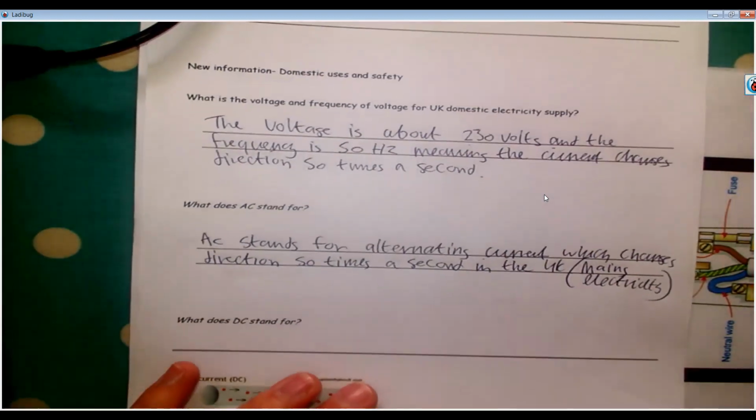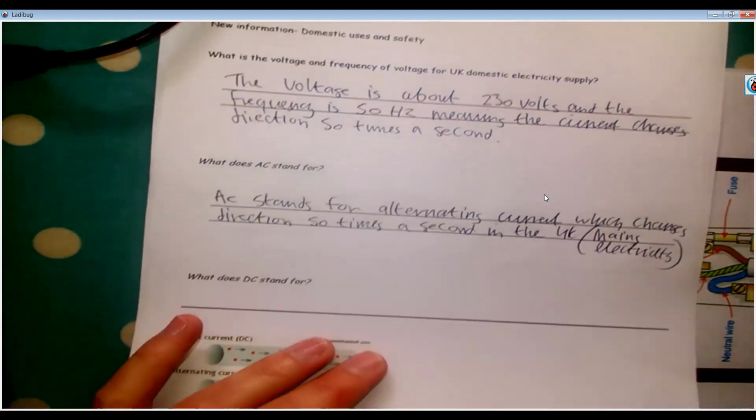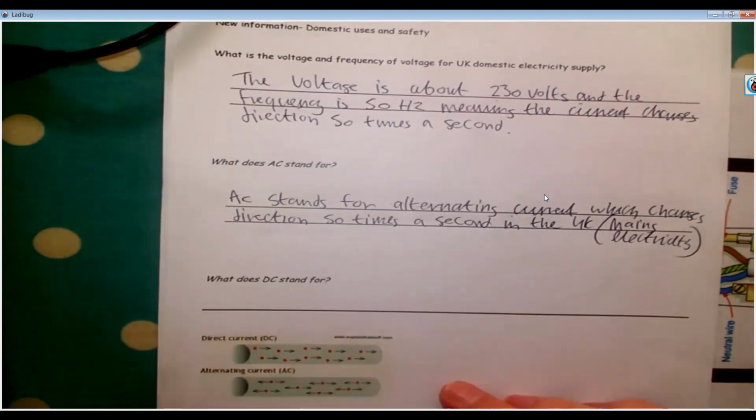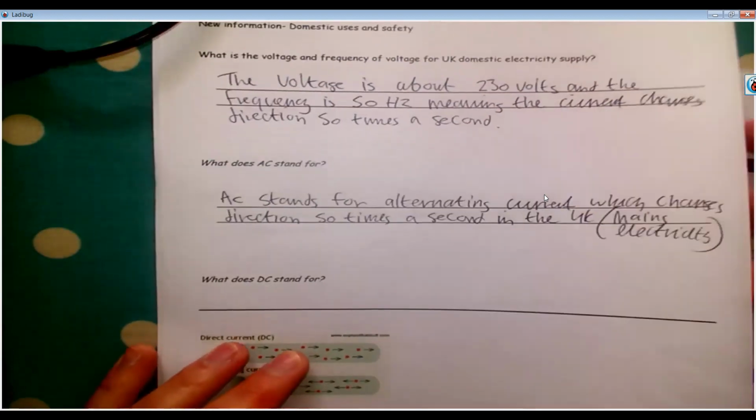So last piece of information here for this particular page. What does DC stand for?